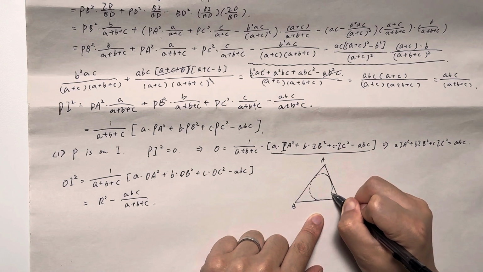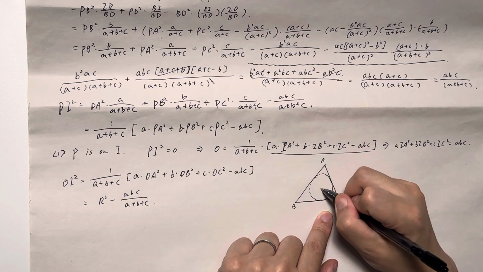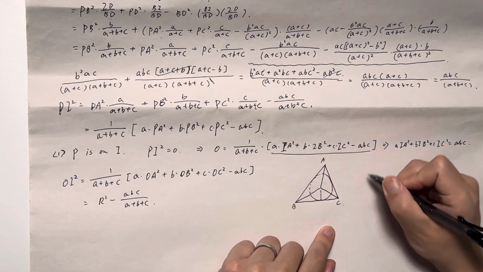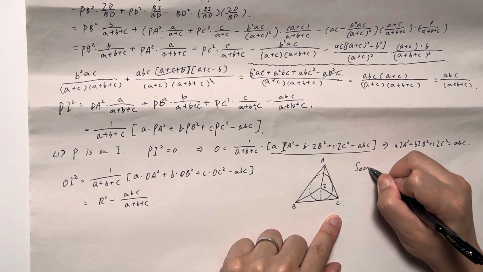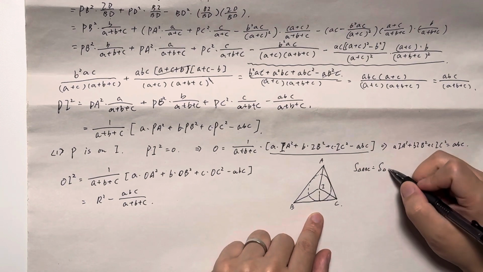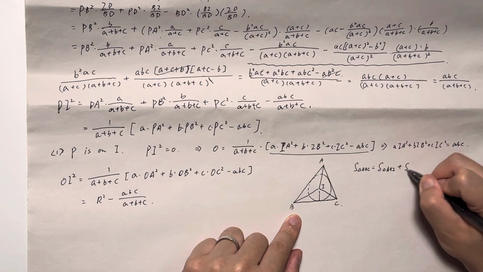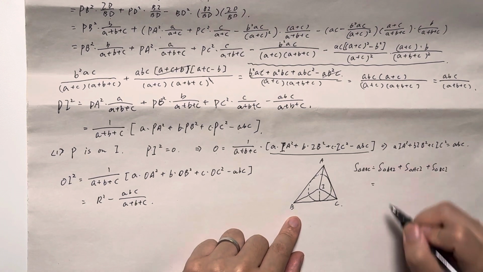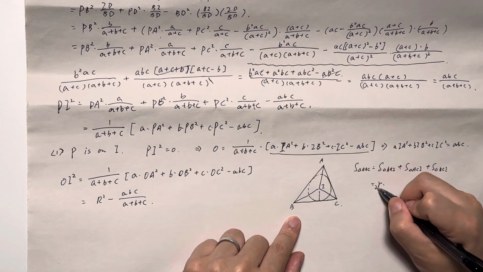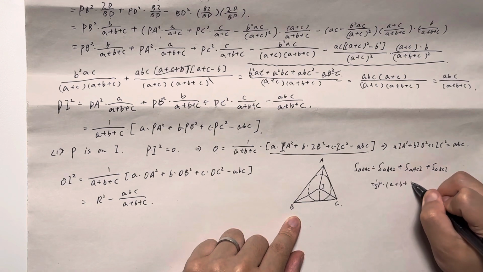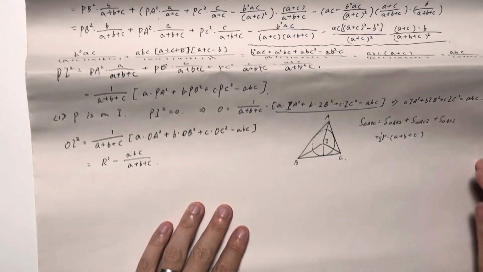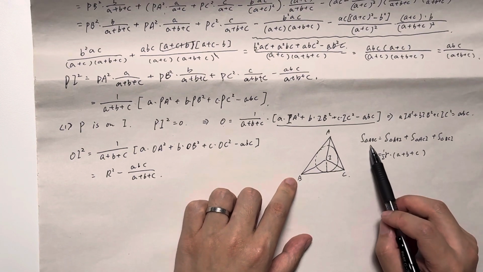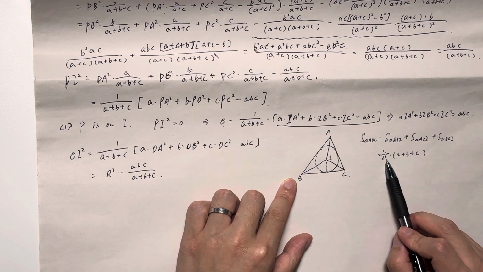We can have an incircle here, and we know that the area of triangle ABC equals the summation of the areas of triangle ABI, triangle ACI and triangle BCI, which equals half r times A plus B plus C. That's the area calculation using the radius of the incircle.